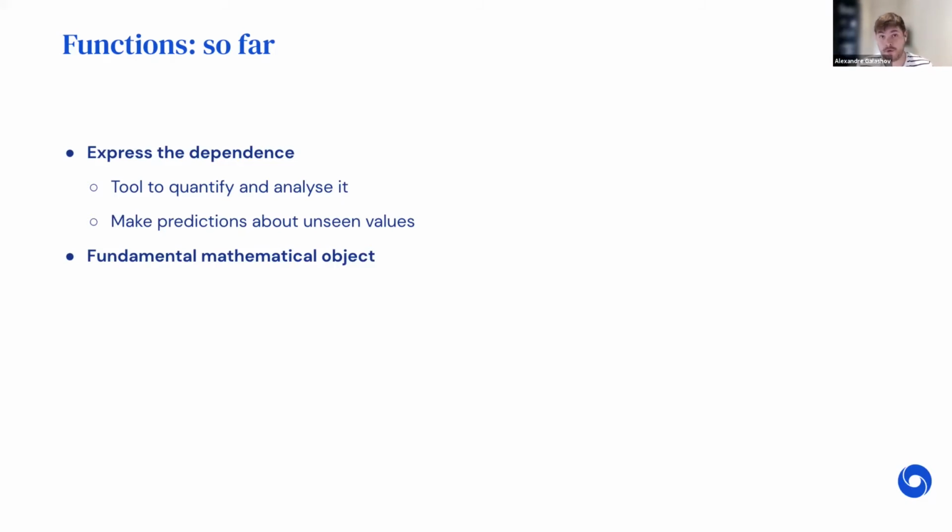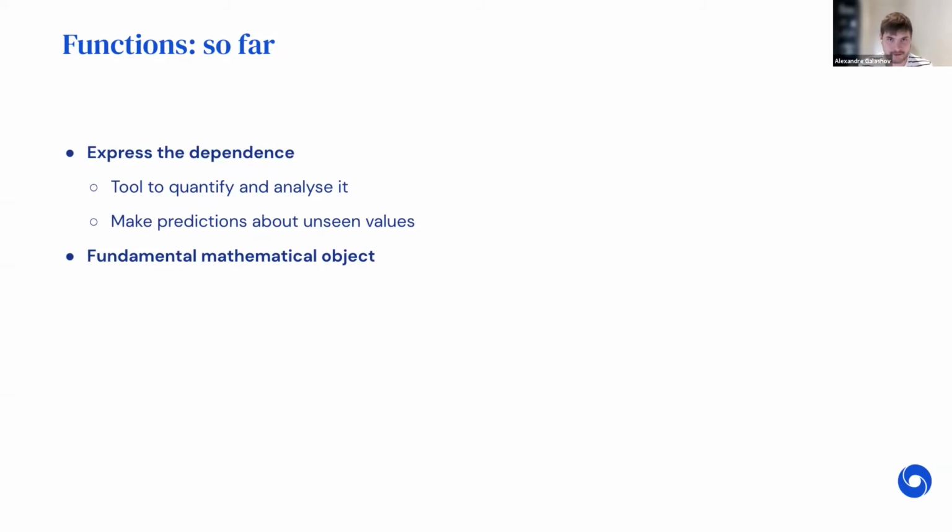On top of all of that, functions are quite fundamental mathematical objects. They're used all over mathematics. There is even a field called functional analysis, which studies only functions. So I believe you now see the importance of functions.